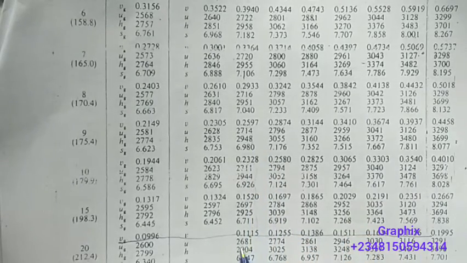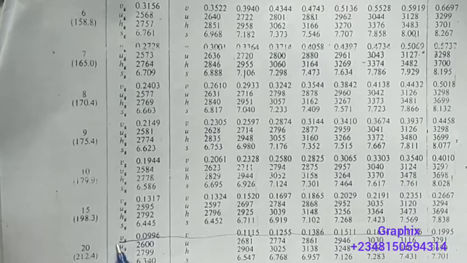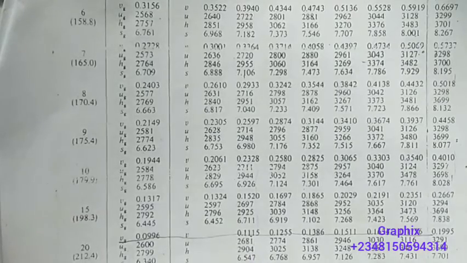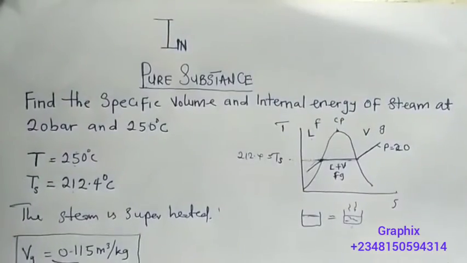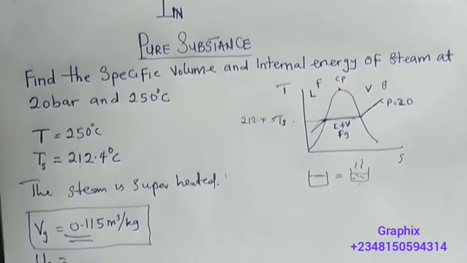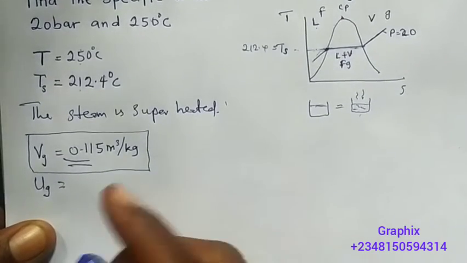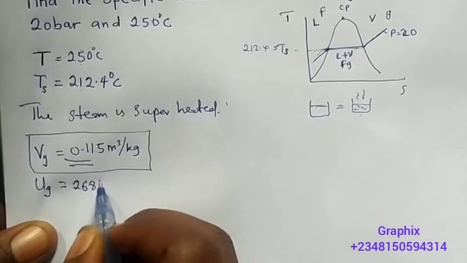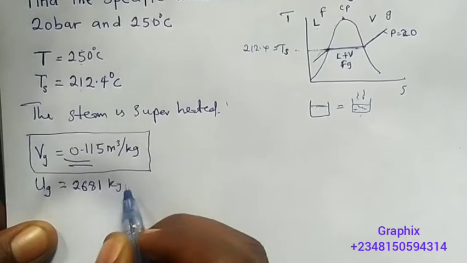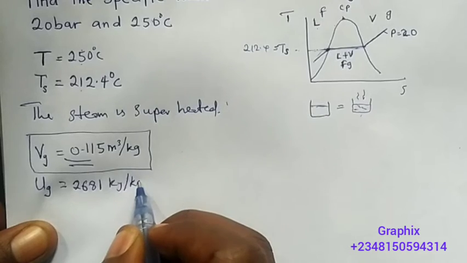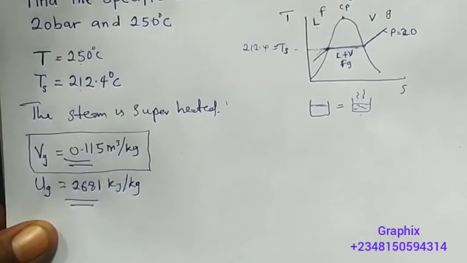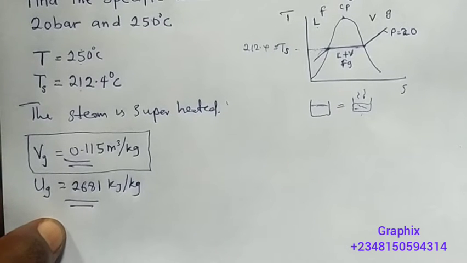And this is UG. You trace it. We're having 2681. So UG is giving us 2681. So I'm going to put my UG is 2681 kilojoule per kilogram. So that is my internal energy. Are we good?